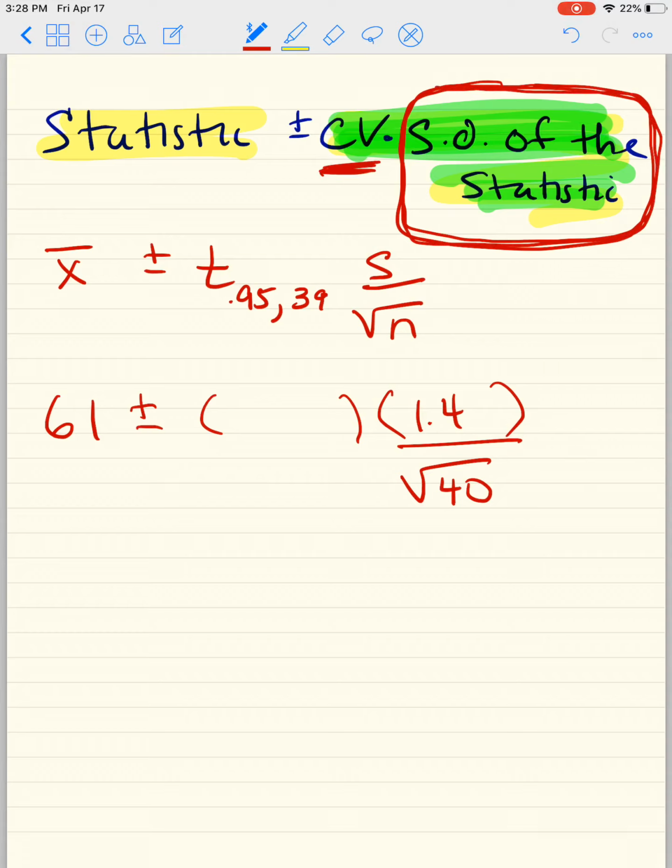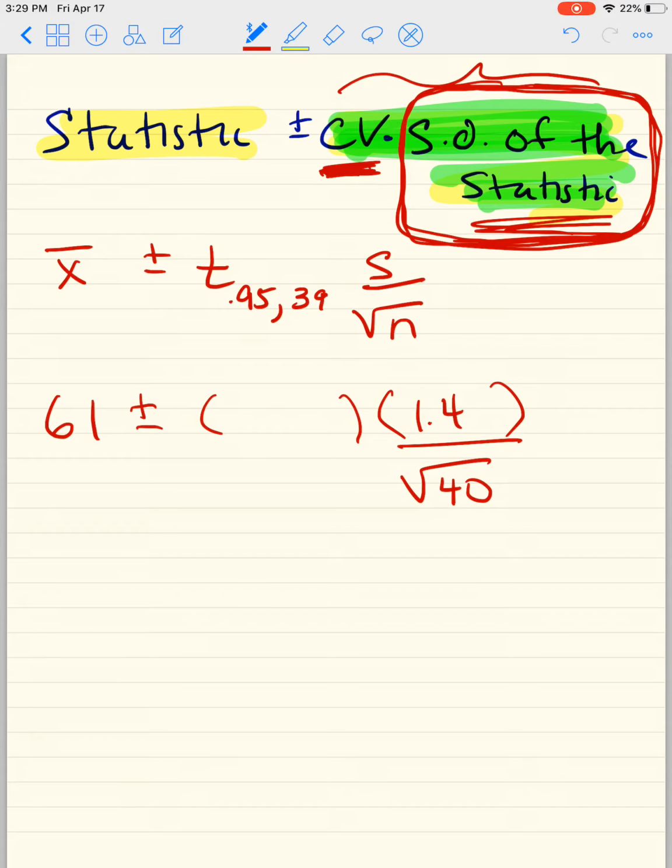This is the critical value, our T. When you take the T and multiply it by this, you get the margin of error. So the margin of error is this part here. And usually the questions require us to find the sample size or something like that.